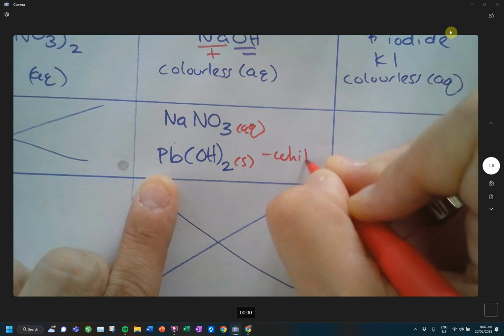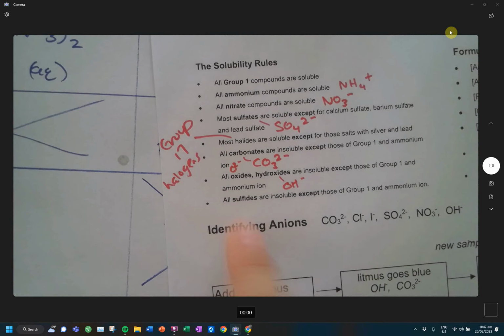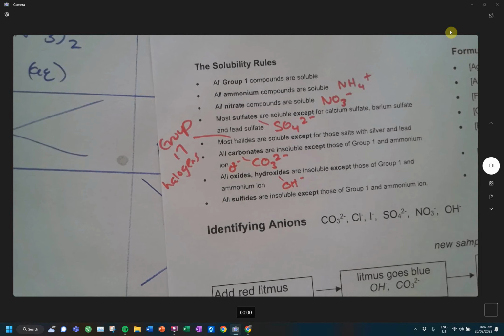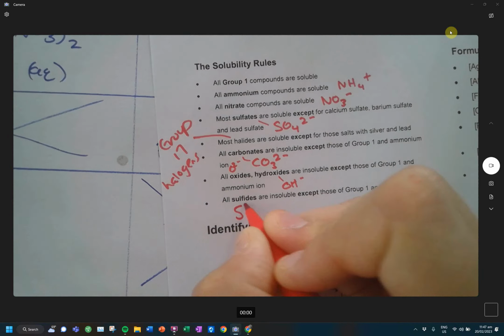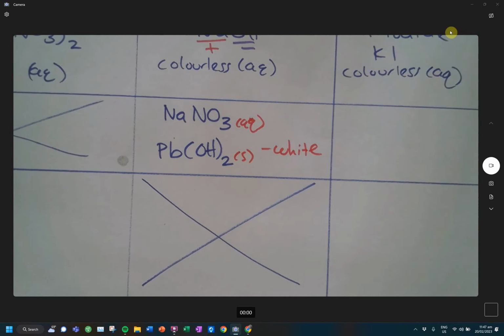It's very important that we note down our observations. And just to double check, our last one is all sulfides are insoluble except for those in group 1. Sulfides are S 2-. And again, we don't have any of those, so we're not worried about that. Are we good so far?